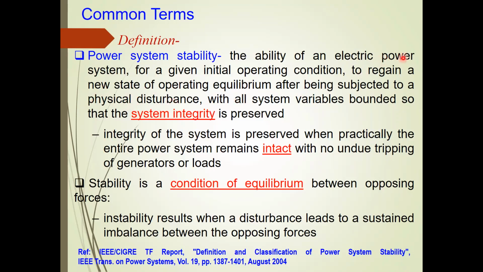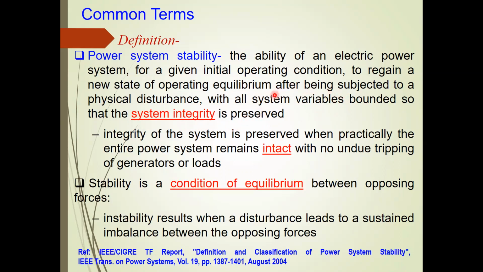So these are actually the physical disturbances. If your electrical power network, which was initially at a steady state, or it could be any operating condition, is able to achieve a new state of equilibrium following the disturbance, with system variables being integrity preserved.